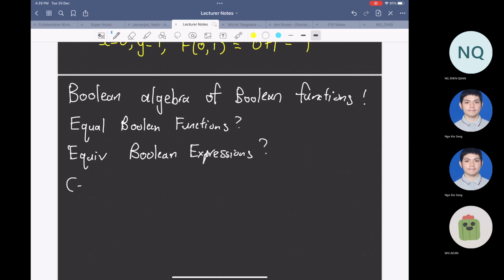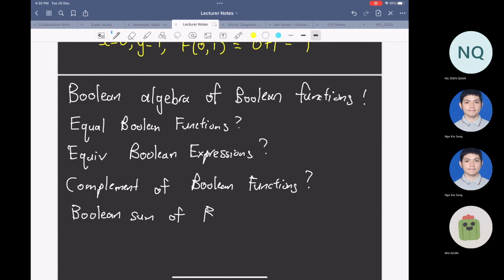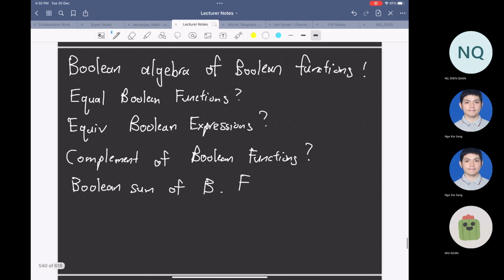And we also can talk about the complement of a Boolean function. We also can talk about the Boolean sum of Boolean functions.